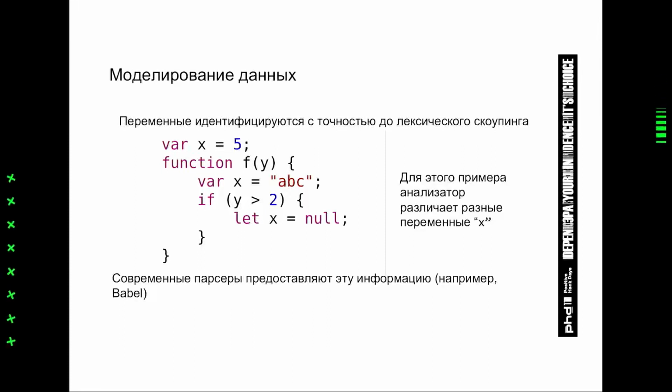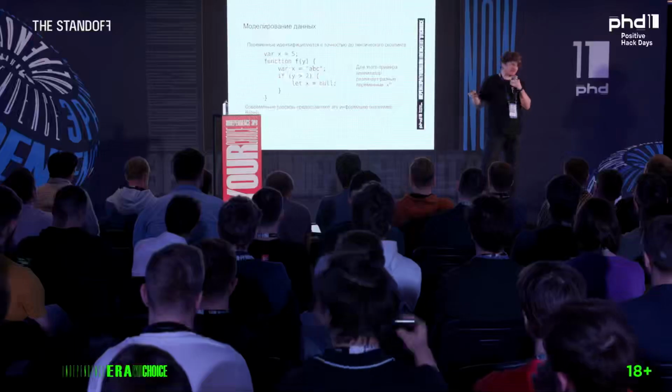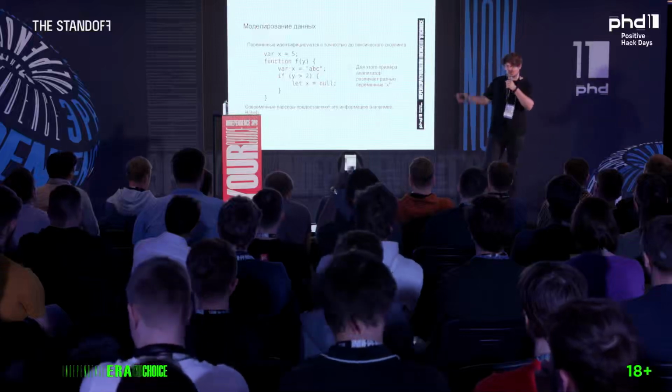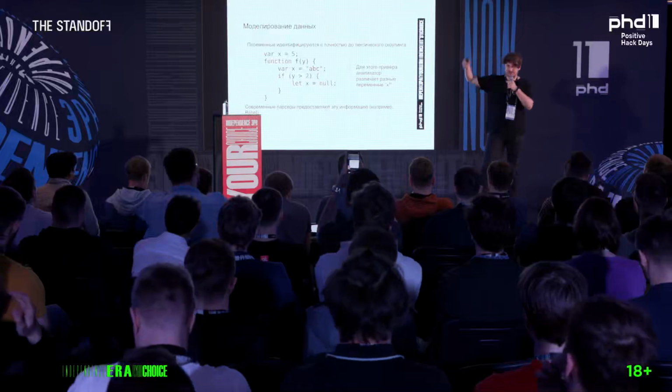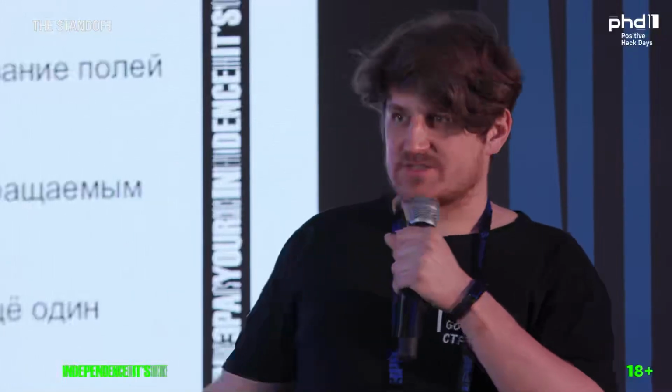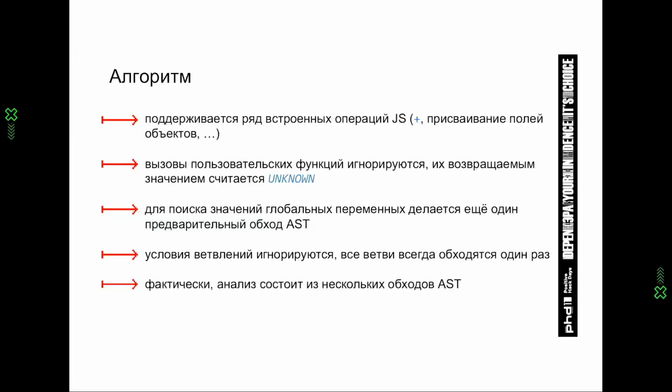So the analyzer would differentiate between these three types of access. This can be done using the Babel library and other libraries, rather than just parsing and getting the AST. You can also parse it in a different, more precise way. You also have a whole set of embedded operations.